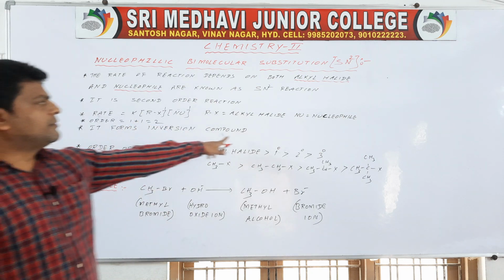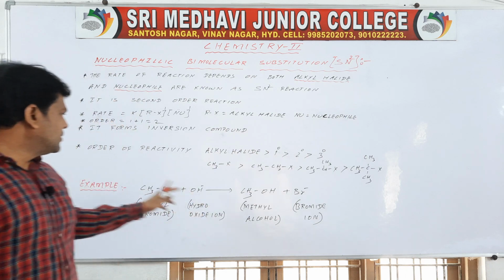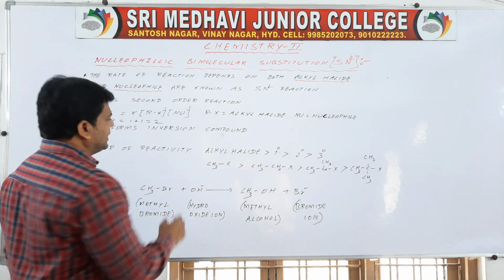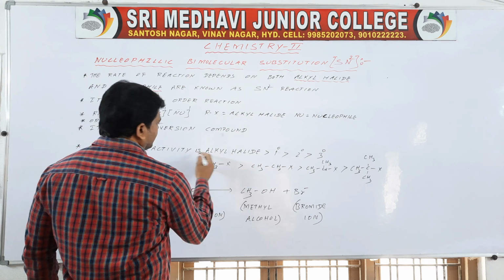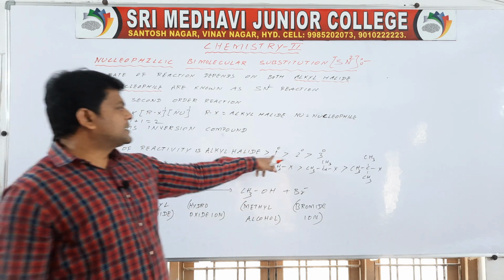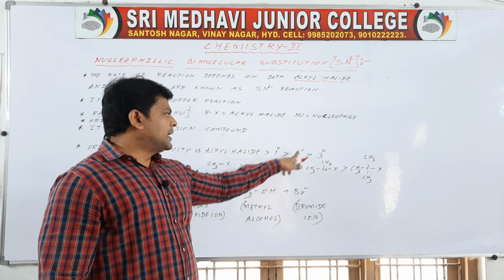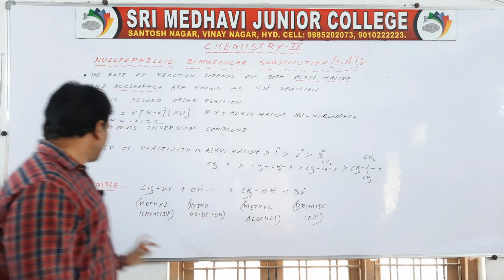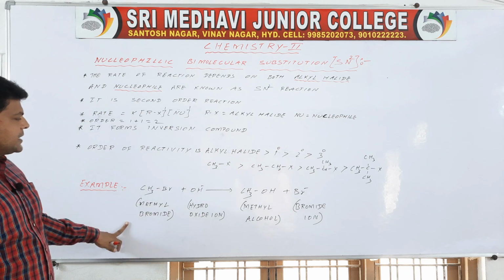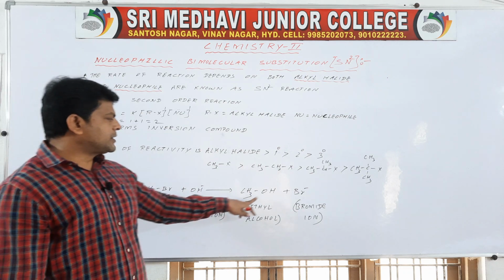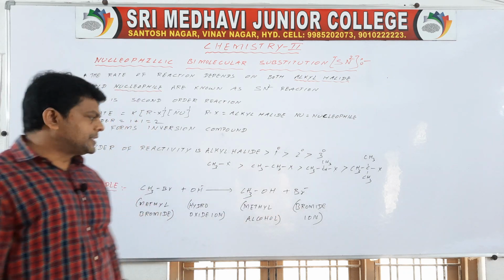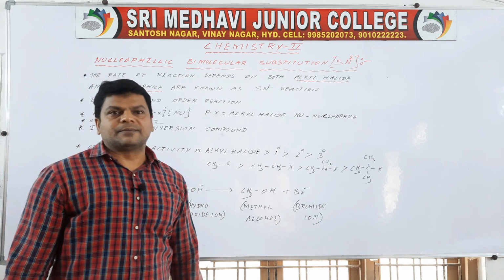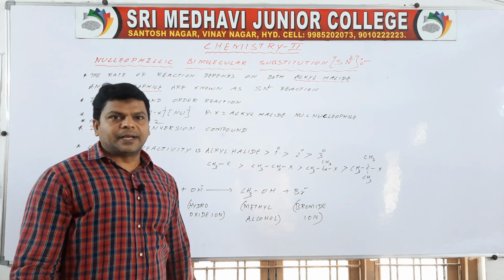Then it forms an inversion compound. The order of reactivity is methyl halide greater than primary, greater than secondary, greater than tertiary alkyl halide. Example, CH3Br plus OH minus gives CH3OH plus Br minus. So we will now discuss the mechanism.